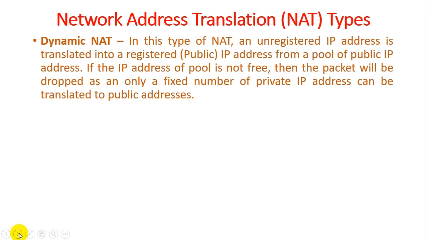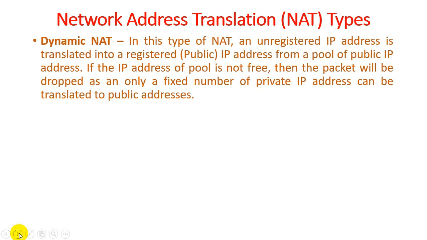The second type of network address translation is dynamic NAT. As the name suggests, in this type of NAT an unregistered IP address is translated into a registered public IP address from a pool of public IP addresses. If the pool has no free IP address, the packet will be dropped.